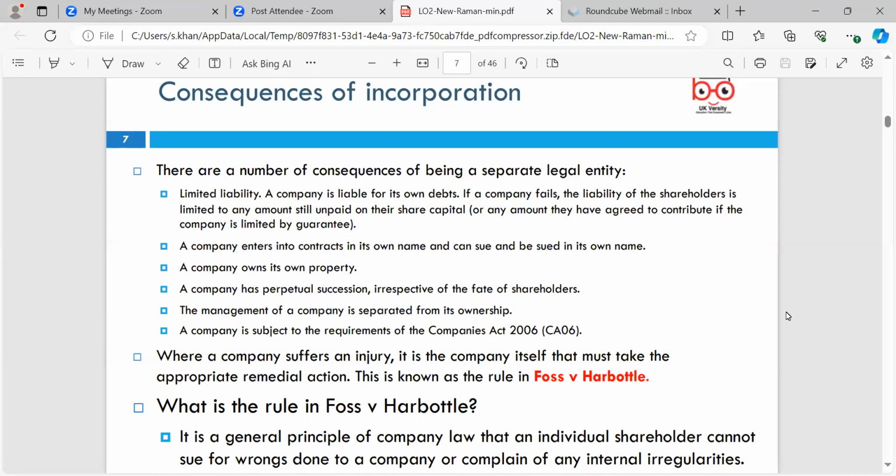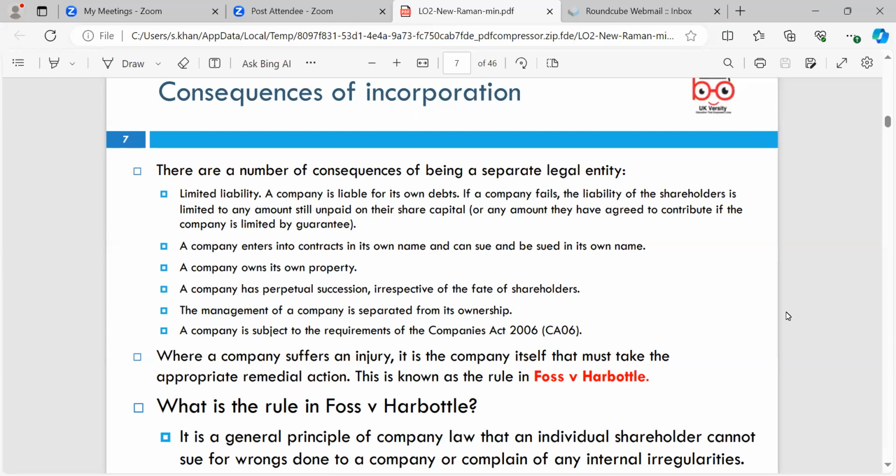The second one is a company enters into contracts in its own name and can sue and be sued in its own name. Thirdly, a company owns its own property. Fourthly, a company has perpetual succession irrespective of the fate of shareholders. Fifthly, the management of the company is separated from its ownership. And then sixthly, a company is subject to the requirements of the Companies Act 2006.